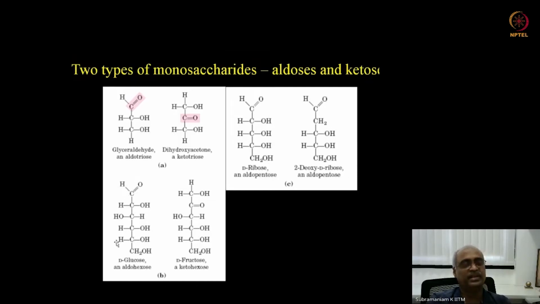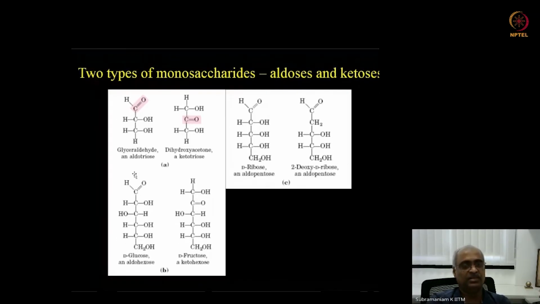The orientation of the hydrogen and hydroxyl at the chiral carbon that is farthest from the functional group, this aldehyde group. In this case, this will be the one. 5th carbon, 1, 2, 3, 4, 5, 6, this is the 5th carbon. So in this case, it is this itself. This is the chiral carbon farthest from this, because there is only one, and so on.